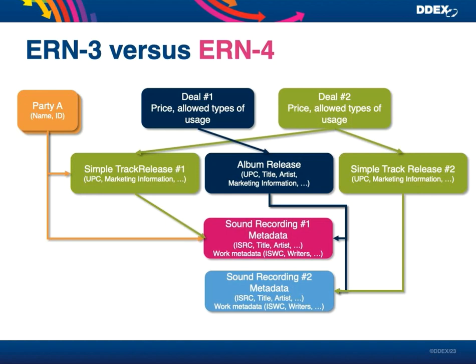But all of the things, the track releases, the album releases, sound recordings, they all can also carry proprietary identifiers. And for us, a proprietary identifier always comprises two parts: who assigned the identifier and the identifier itself. So that even if that identifier gets passed on later on, you would still know, oh, that was an identifier that was originally allocated by, say, Sony Music, for example.